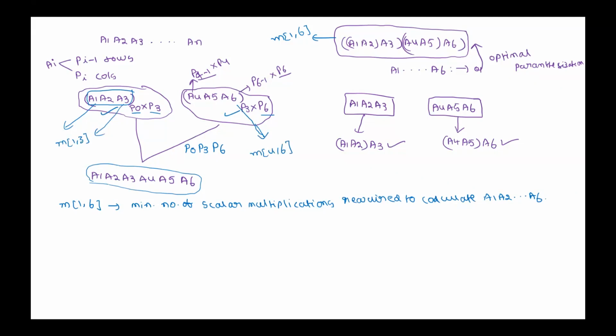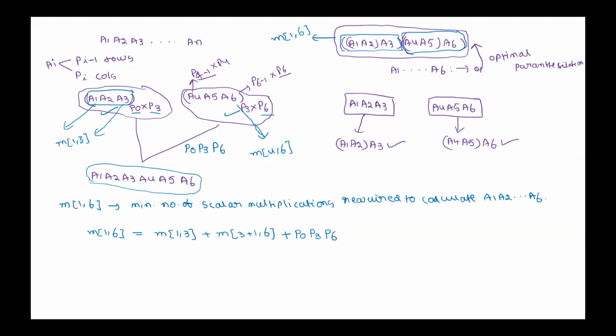So if we know that this is the best way to multiply, then M1,6 we can write as M1,3 plus M3+1,6 plus P0, P3, P6. Is that correct?